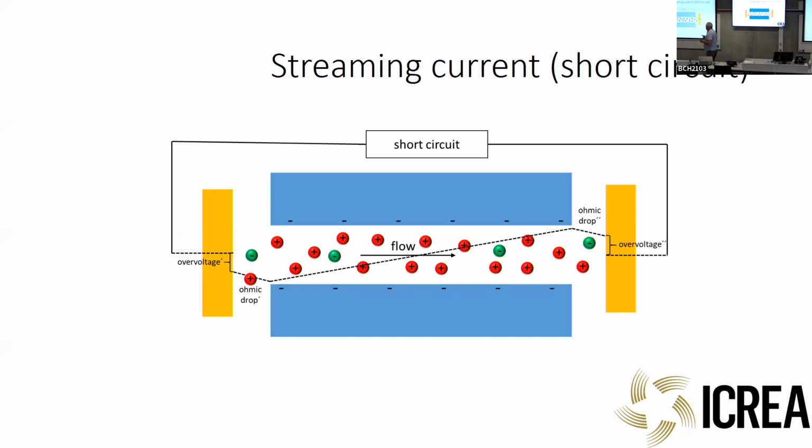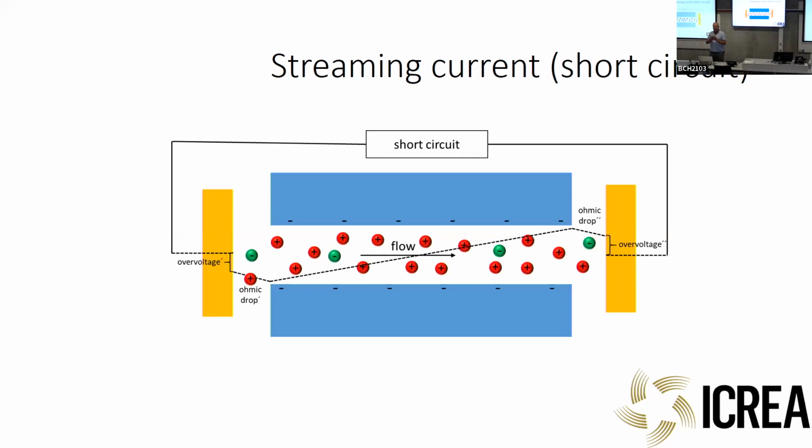And if you have electrodes right outside, which produce and absorb current immediately at the entrance and at the exit, you will have streaming current conditions.